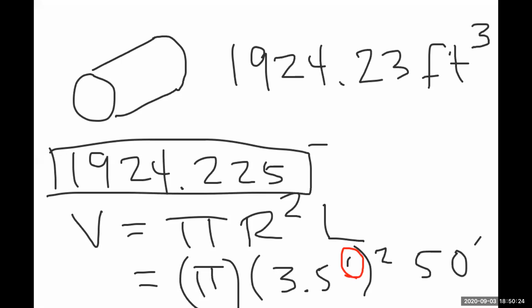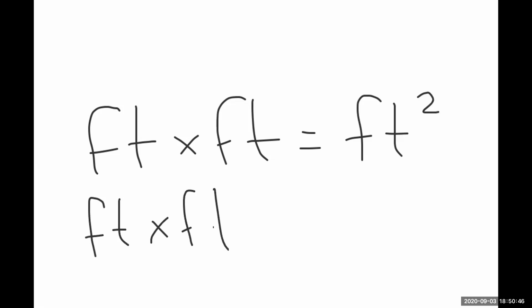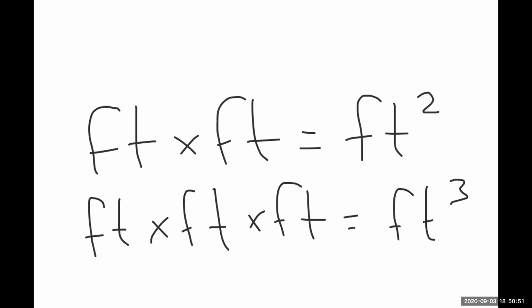So foot times foot is a foot squared, times another foot is foot cubed. So if I show you here, foot times foot equals foot squared, and foot times foot times foot equals foot cubed, okay? Another way of writing foot squared is SQFT.